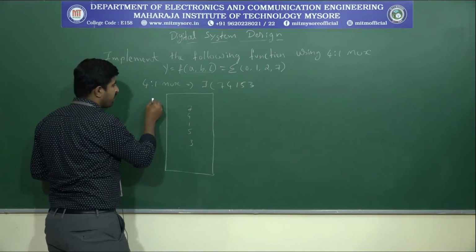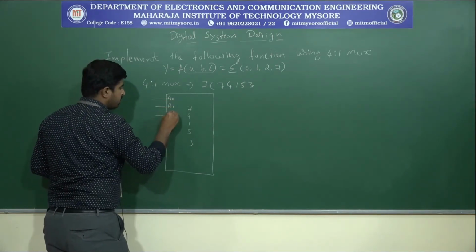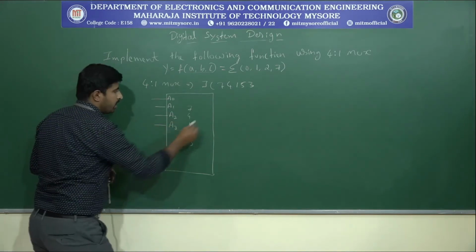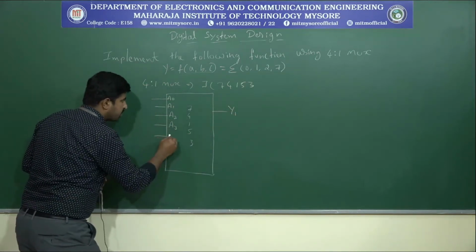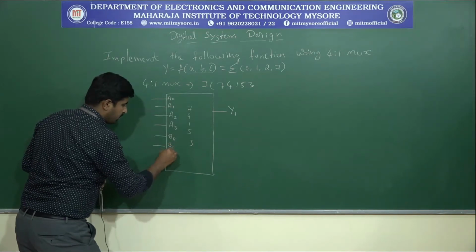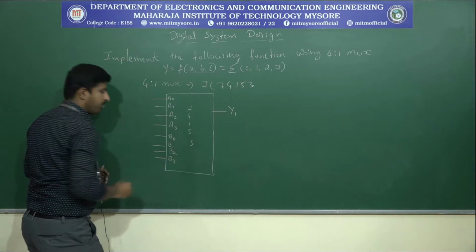So it is a dual 4:1 mux. That means we have inputs A0, A1, A2, A3 and one output Y1. Corresponding to the other 4:1 mux, B0, B1, B2, B3.